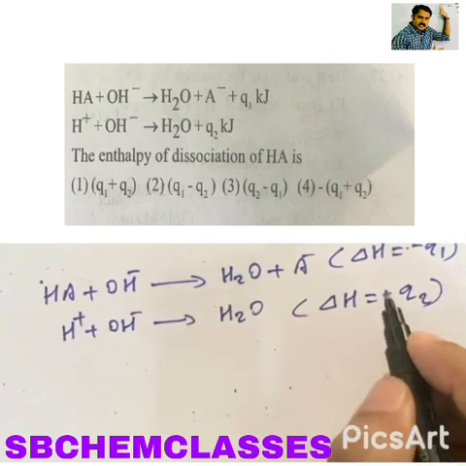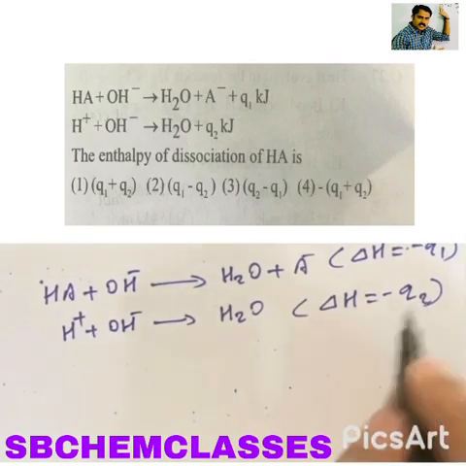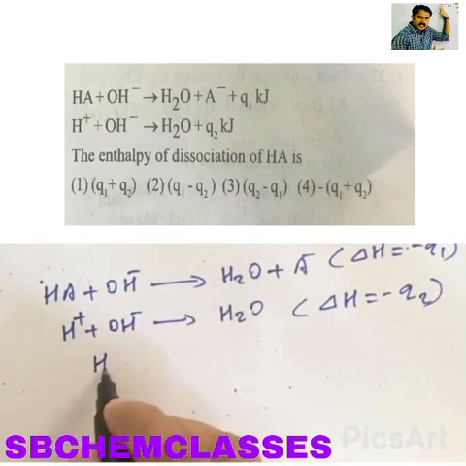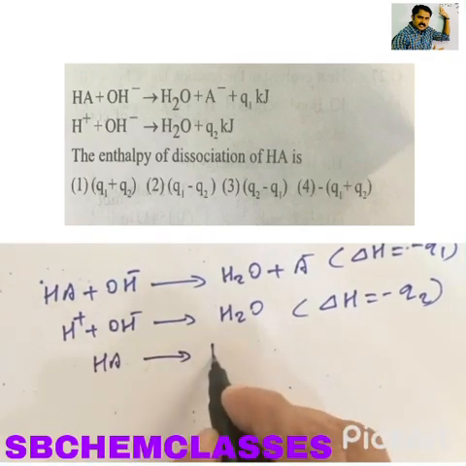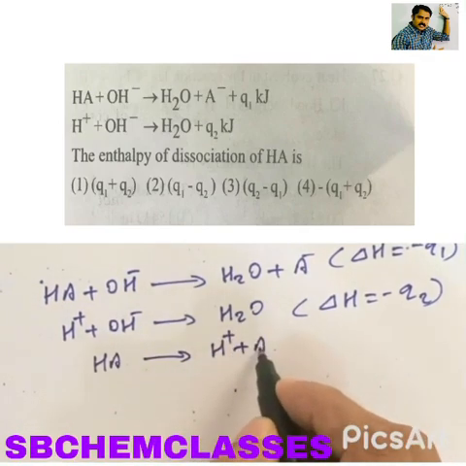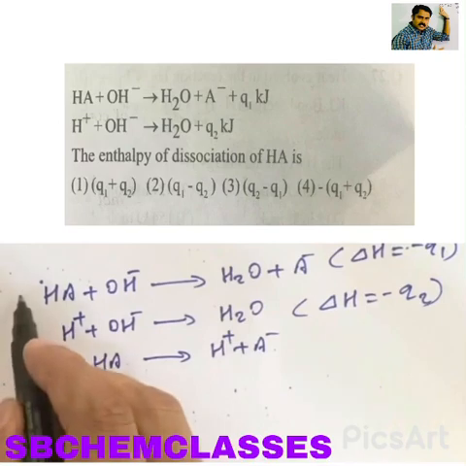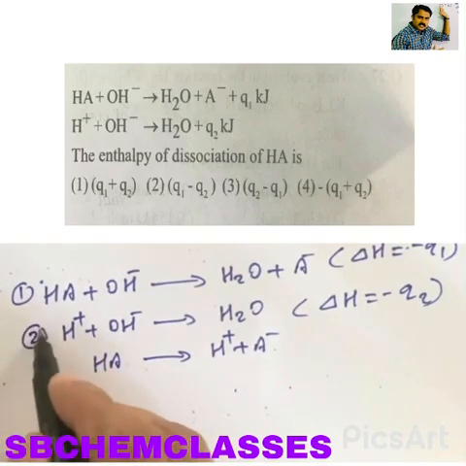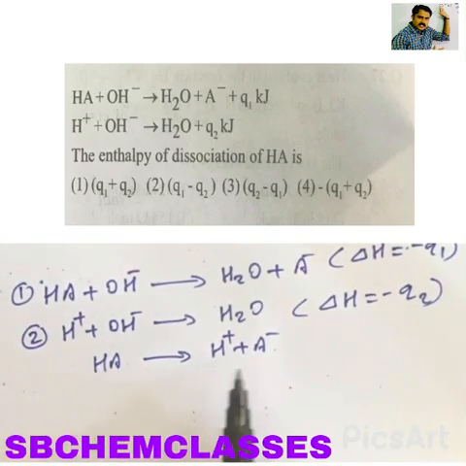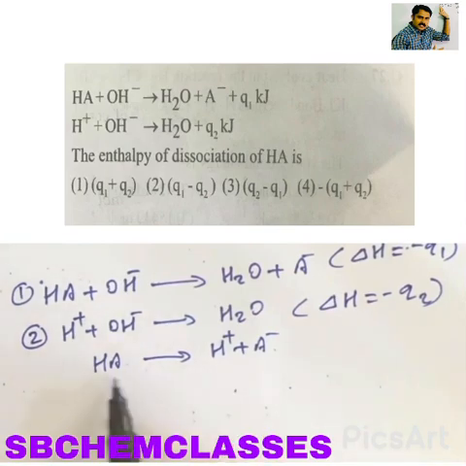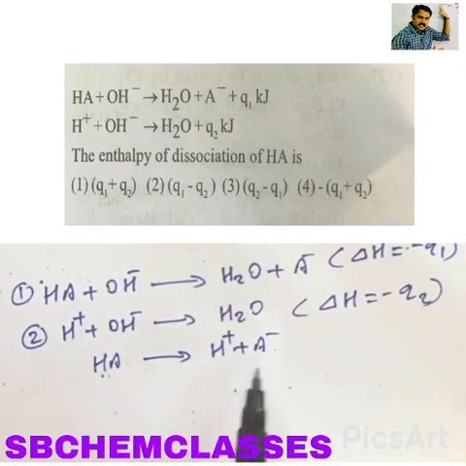We have to determine the enthalpy of dissociation of HA, that is HA gives H plus and A minus. From the two reactions 1 and 2, we can form this reaction. How? Equation 1 minus equation 2: OH minus cancels, H2O cancels, and H plus will be a product. So HA becomes H plus and A minus.